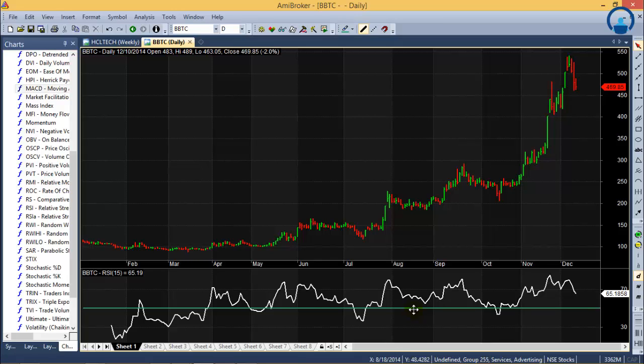Let's say a pullback to 50 is a valid place to make an entry once we know the stock is trending. Once we know the stock is in bullish momentum, still we don't know how to make an entry, or at what price levels we should place our buy signals.